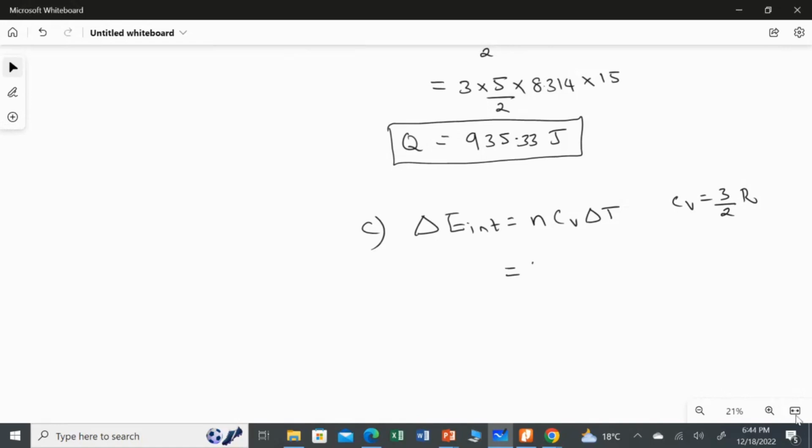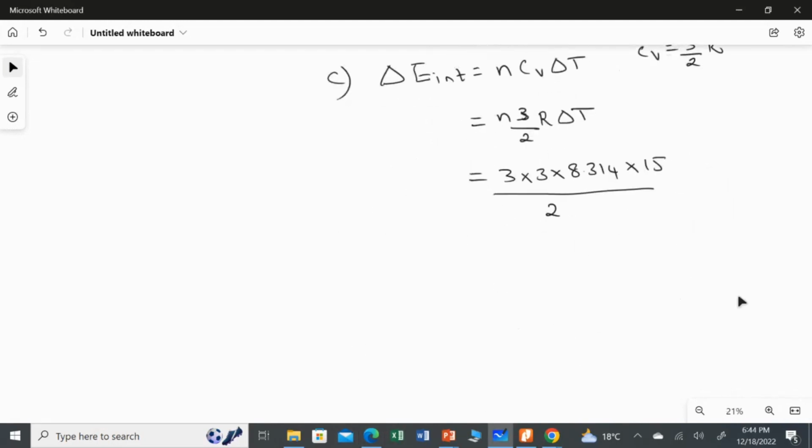So by that, this equation will become n multiplied by 3/2 times R delta T. I'm going to substitute the value. So the number of moles here is 3, multiplied by 3/2, multiplied by the gas constant 8.314, multiplied by the change in temperature, 15.